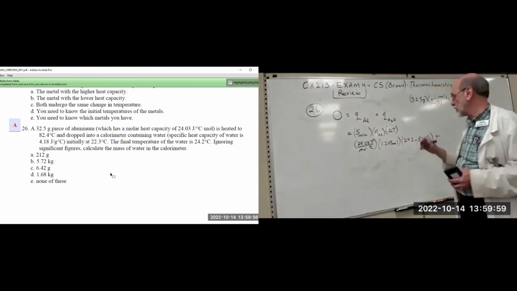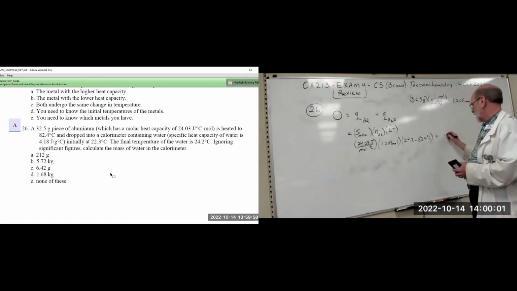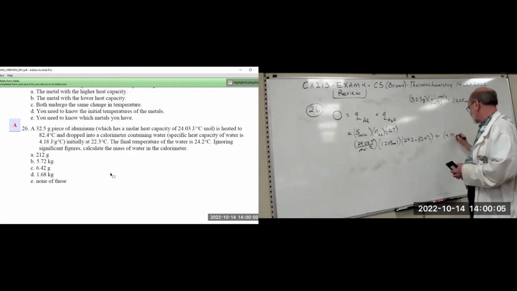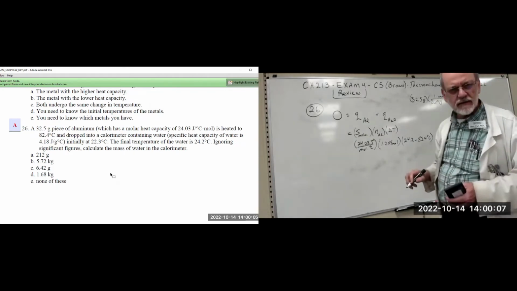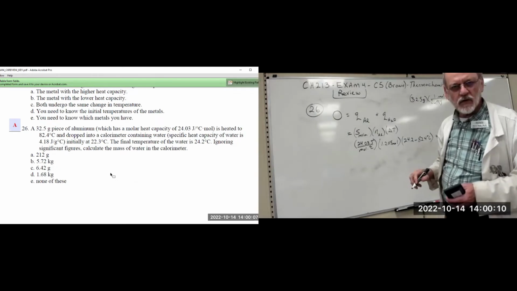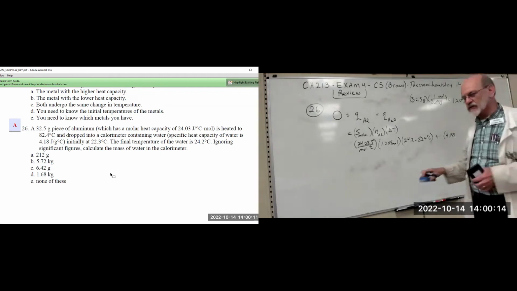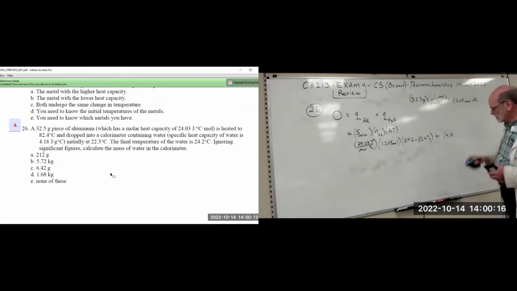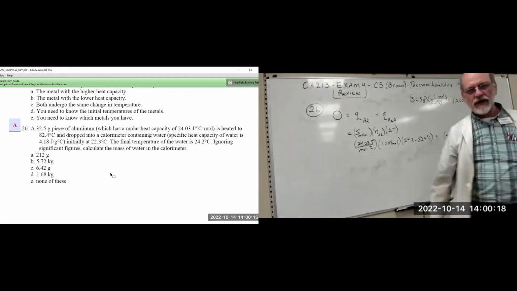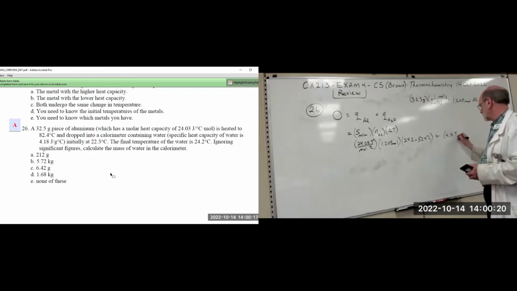Now let's do water. Heat capacity for water is 4.185, I think. They're only giving 4.18, so let's do it that way, because the answers might be different otherwise. 4.18 joules per gram degree.